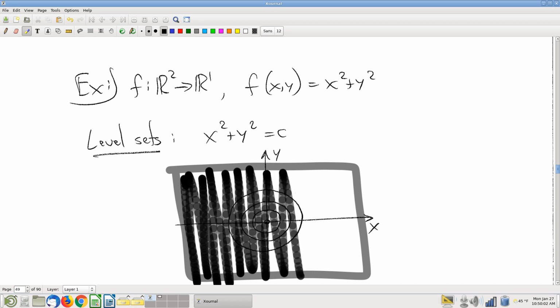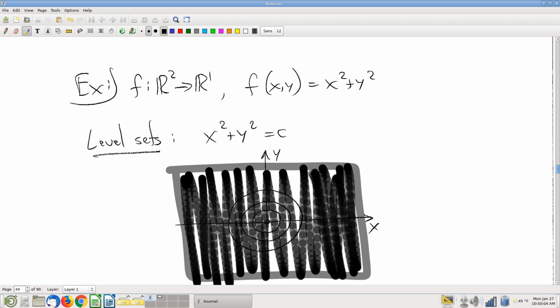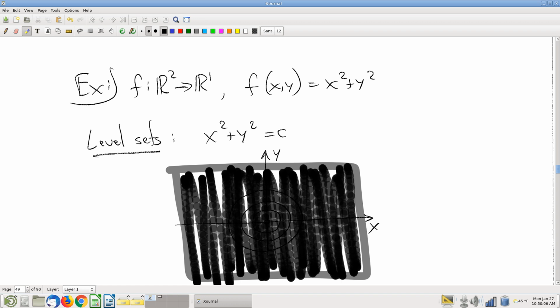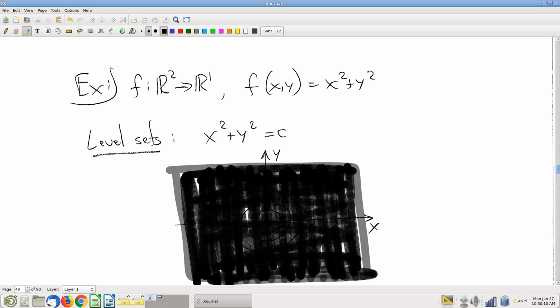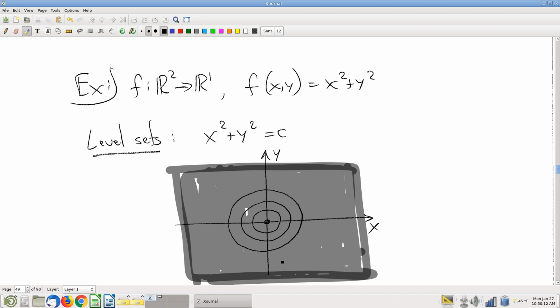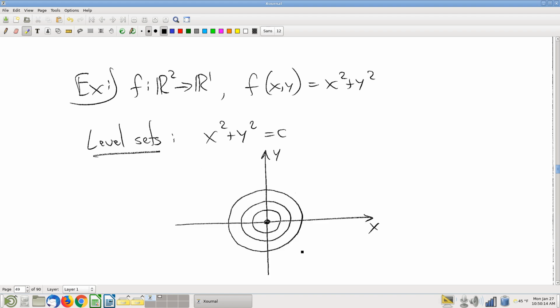It's kind of goofy, but a solid black is what the collection of all the level sets would look like. And it's just not helpful. So you have to make an artistic choice of which level set. It depends on the function: which level sets are going to communicate the most about what the function does.